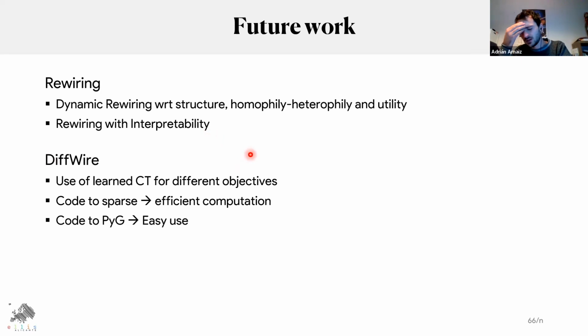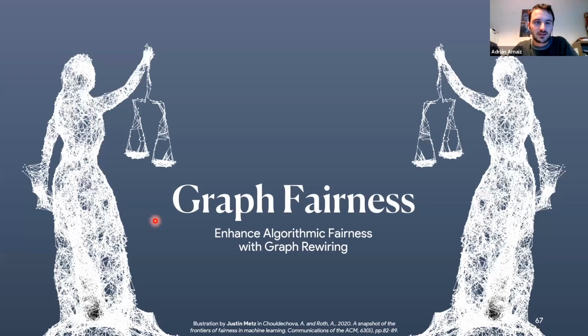I remember that yesterday the first oral presentation was a paper that weighted the embeddings using the eigenvalues of the Laplacian, so maybe that is also another option. The code is also going to be modified to be easier to use and more efficient. So that's all about graph rewiring, theoretically.